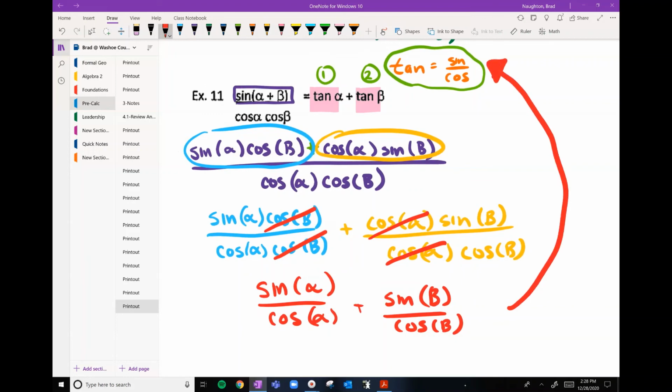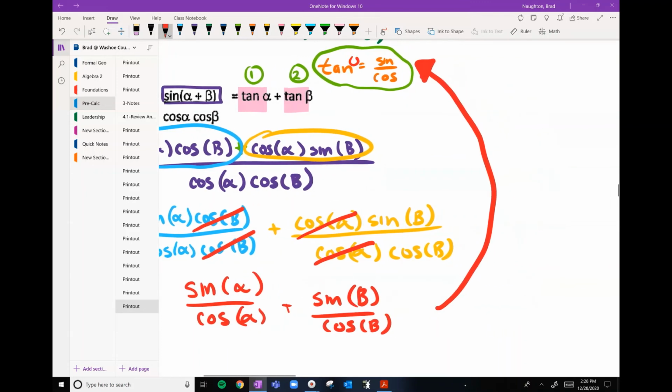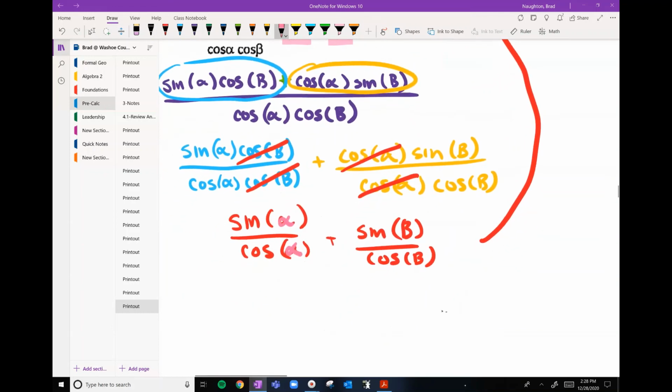We just said, hey, sine over cosine. So we said this is theta, so let's use another Greek letter like our alphas. As long as those match, we're good to go. So this is going to be tangent alpha, and this will be plus tangent beta. And that's what we're trying to do.